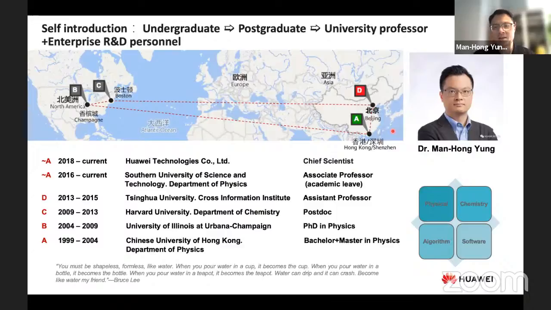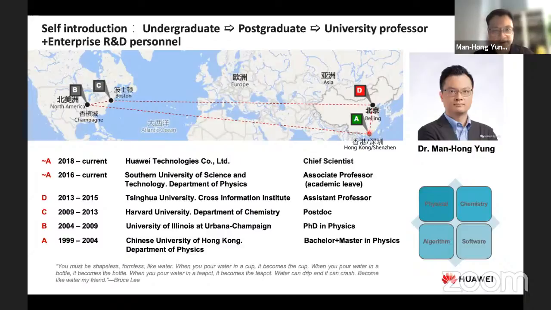This talk will be a little bit unusual because it's really based on my interests, which have been shifting a little over the course of my career. I did my bachelor and master degrees in Hong Kong, and then I moved to UIUC, studied a PhD in physics, moved to Harvard Department of Chemistry, then to Tsinghua University in Beijing, then to SUSTech, and then became a chief scientist at Huawei since 2018.